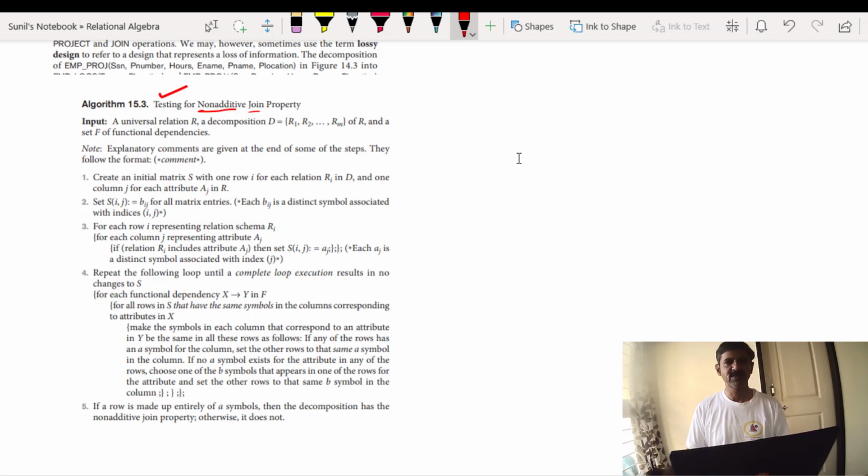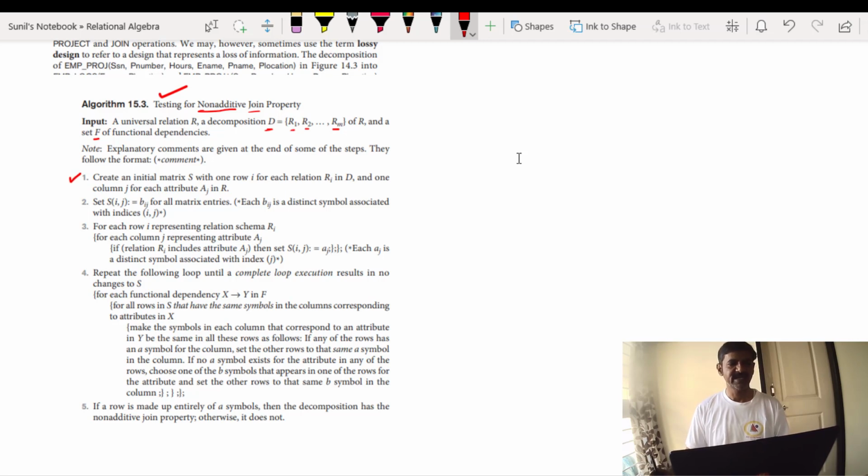What is the input for this algorithm? The input is a decomposition D with its individual relations R1, R2, up to Rm and a set of functional dependencies. So there are two inputs: one is the decomposition D and the other is a set of functional dependencies F. How does the algorithm begin?